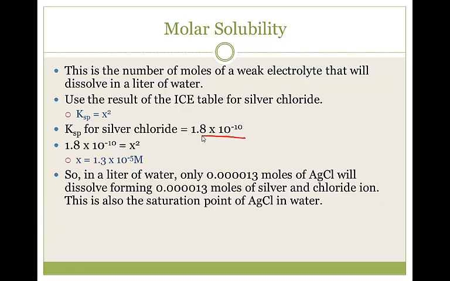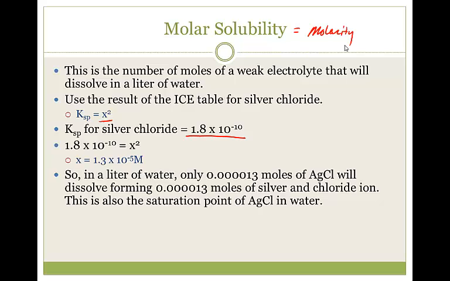So this KSP would have to be given to you, or you'd have a table such as your book in order to find that. And if we set that equal to the result of our ICE table right here, what we get is the molar solubility. And anytime you're asked this on the AP exam, they're just asking you for the molarity. So when they want the molar solubility of a salt, they want you to solve for the value of x.